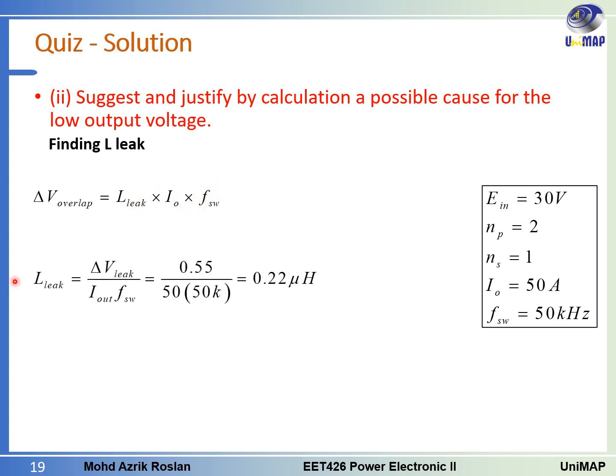So now we can determine this L leak, the leakage inductance, because we already know I out is 50 ampere and the switching frequency is 50 kilohertz. So the L leak equals 0.55 divided by 50, and then divided by 50 kilohertz, and you will get 0.22 microhenry.